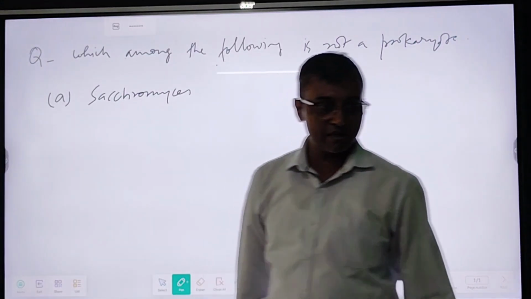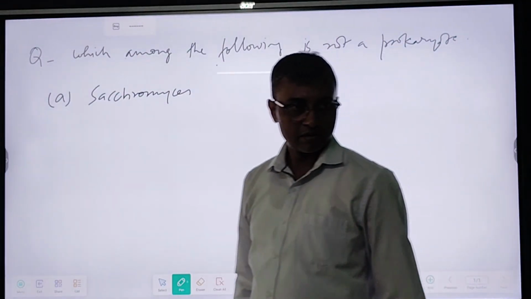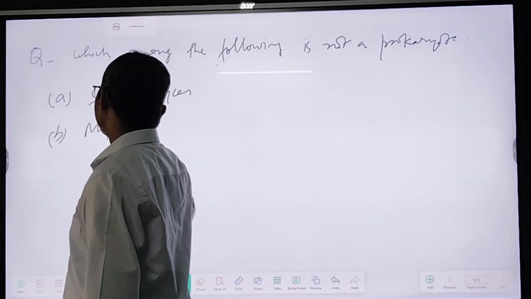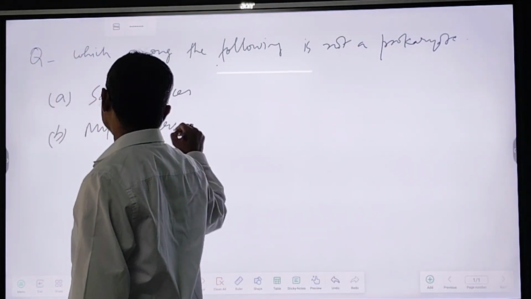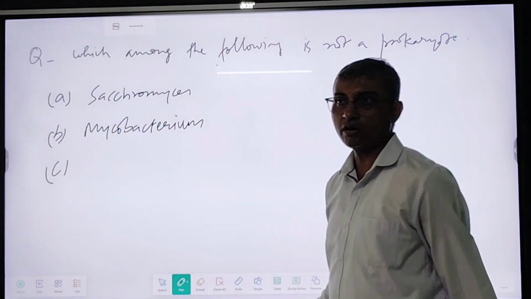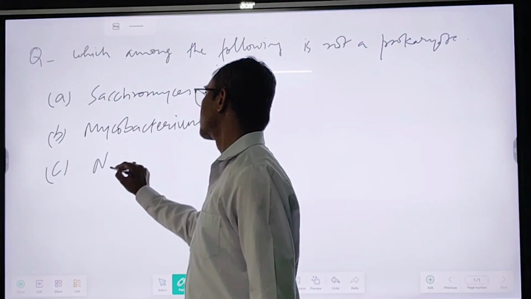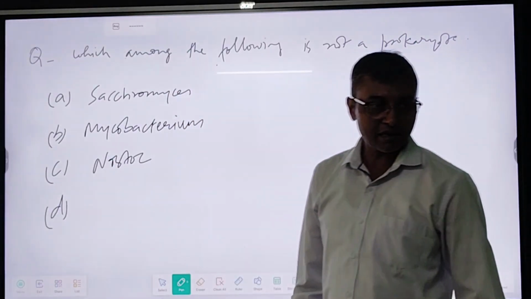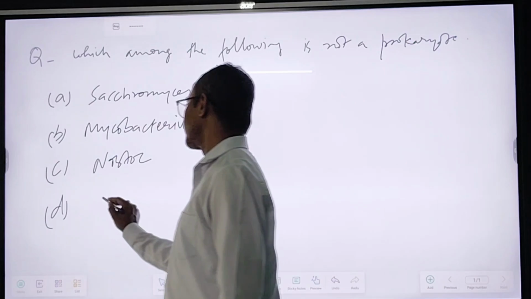First one is Saccharomyces. Then Mycobacterium. C option is Nostoc. And the last option is Oscillatoria.